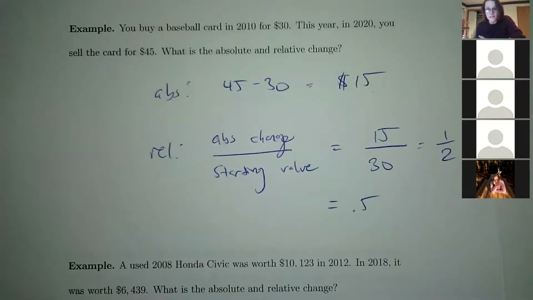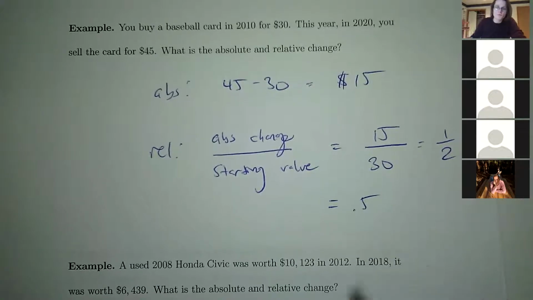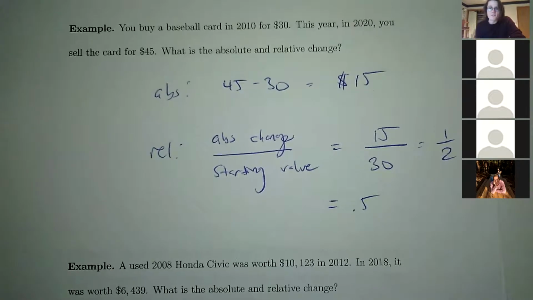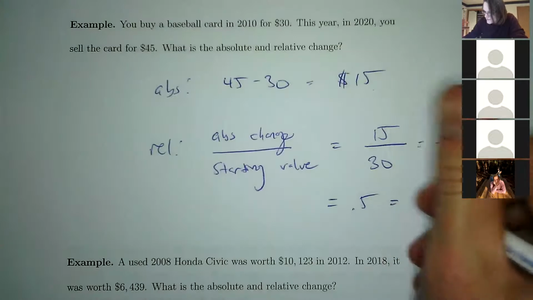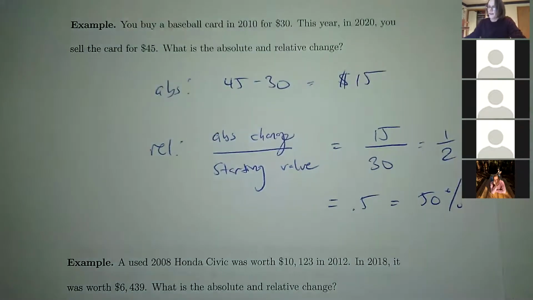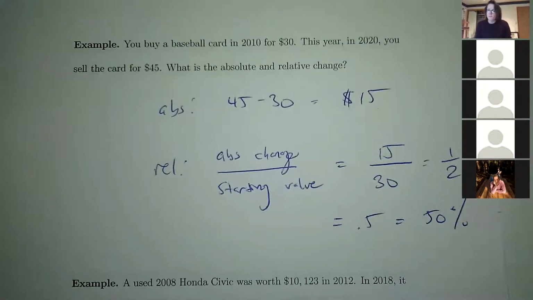And whenever you talk about relative change, you generally want to talk about it as a percent. There's nothing wrong with writing this as 0.5 or 1/2, which looks kind of funky, but as a percent, it makes more sense. So as a percent, this is just 50%, of course. And in the context of the problem, it works better, right?